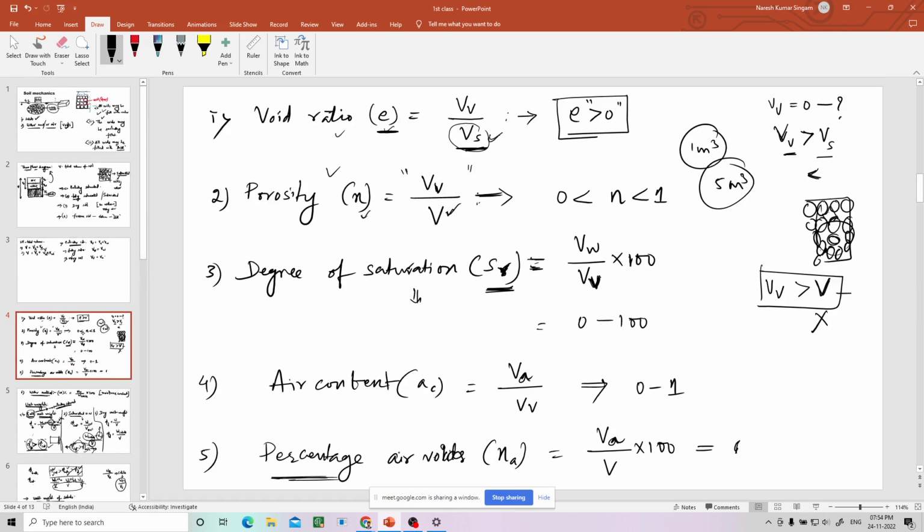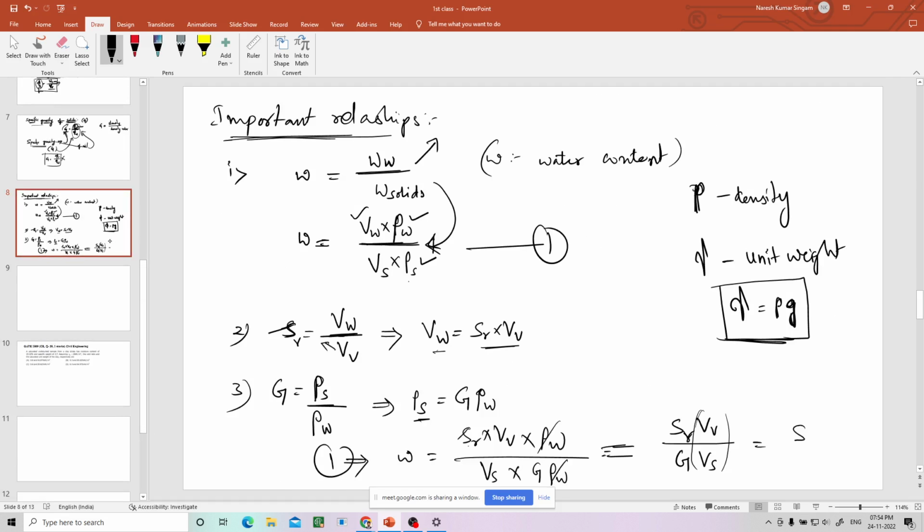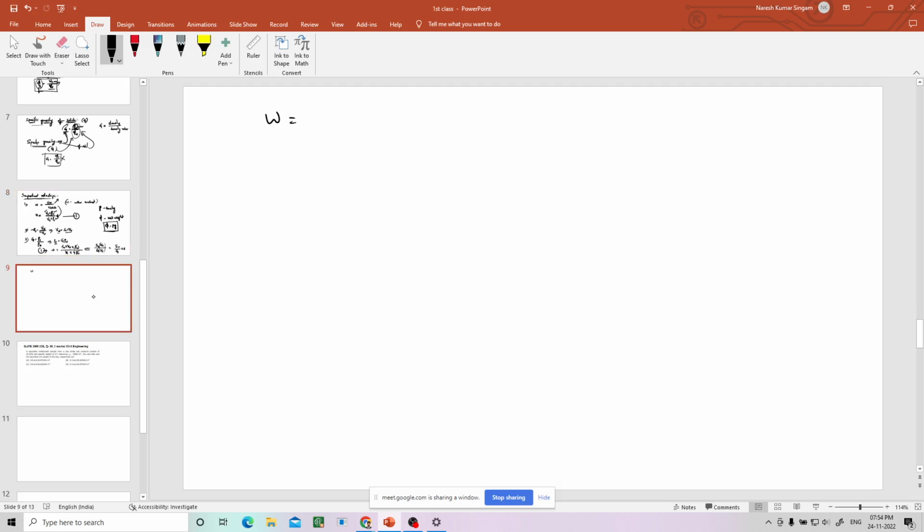That is the void ratio. So finally, w equals SR e by G. You can write wG equals e SR. So this is one relationship.